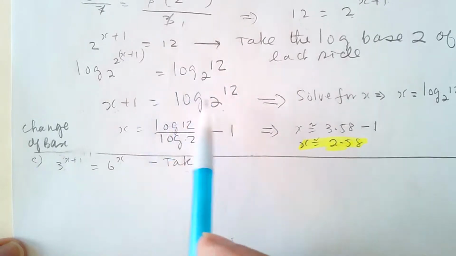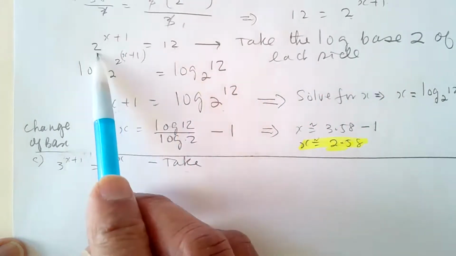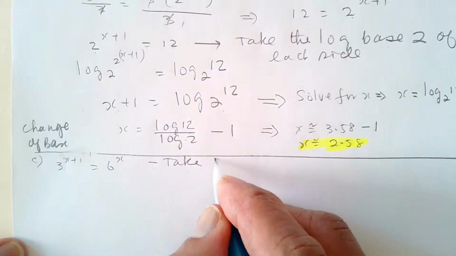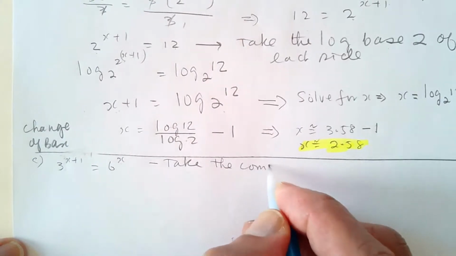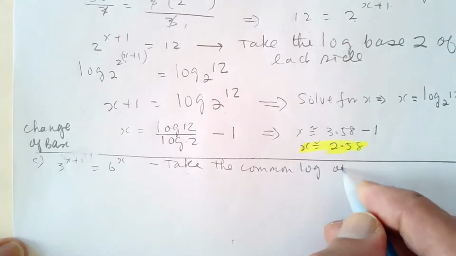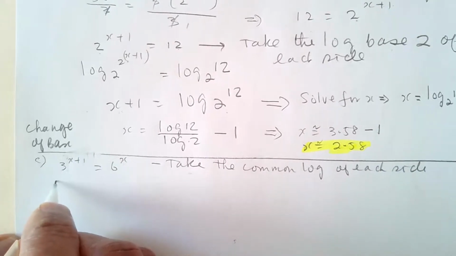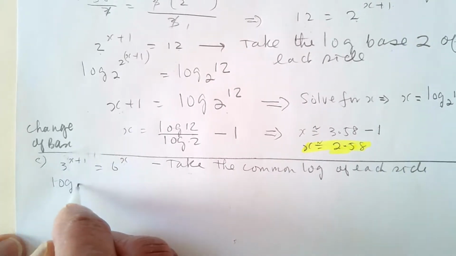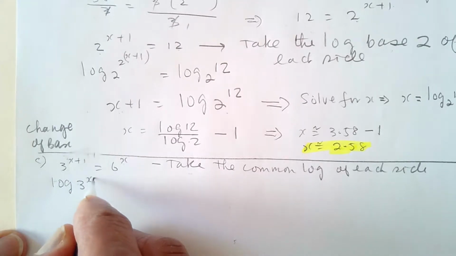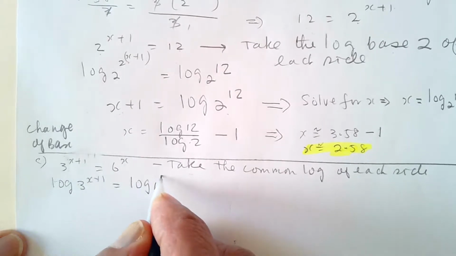In the previous one, we used a different base because that was 2 here. Here we can use a common log. So take the common log of each side. So we'll have here log 3 to the x plus 1 equal log 6 to the x.